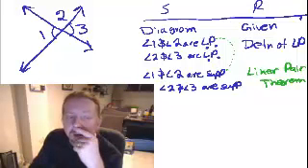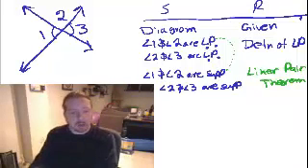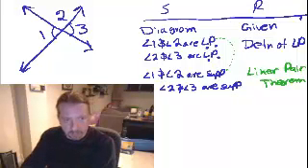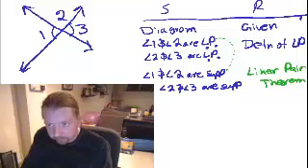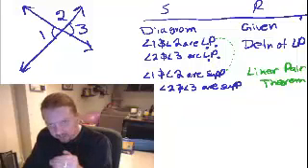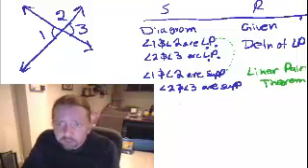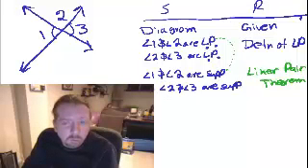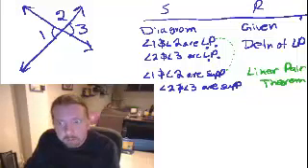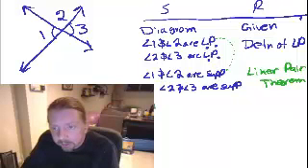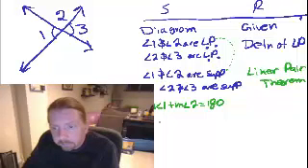Now, we could wrap this proof up in one step, but I'm going to go all the way. Take it all the way to the bottom of the line, because I want to get as many ideas in here as I can, because I really want to hit all the rules you have to know. So let's go with the next step. I just said angle 1 and angle 2 are supplementary. What do I know about them? Well, angle 1 plus angle 2 equals 180.